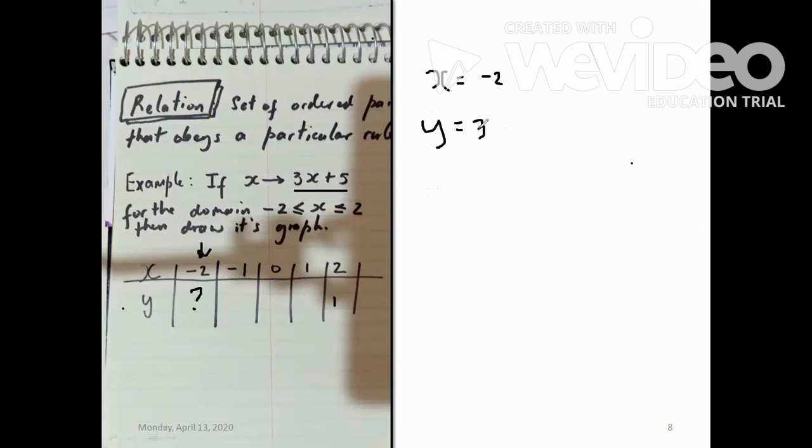Now 3x means 3 times x. So it's 3 times -2 plus 5. That's -6 plus 5. And that turns out to be -1. And you can work out the rest.